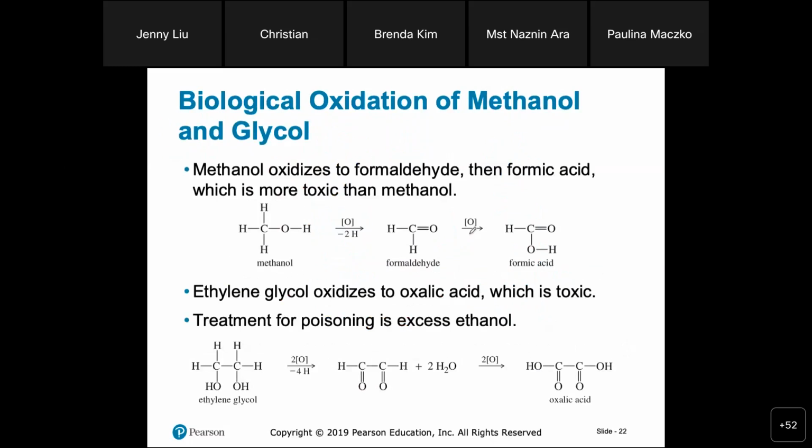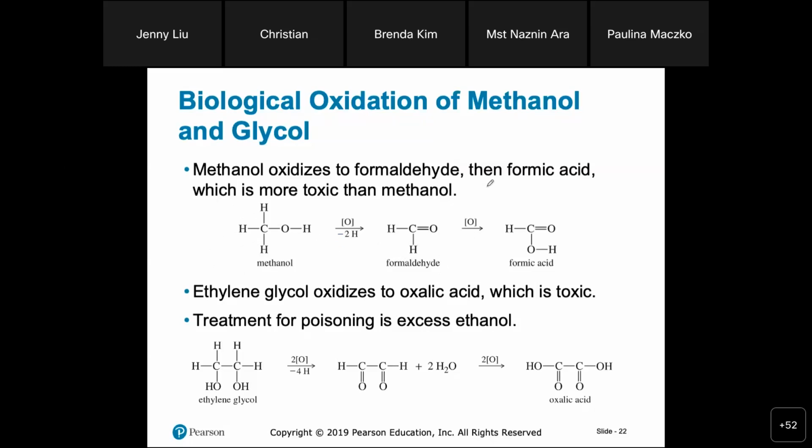Biological oxidation of methanol and glycol. Here, methanol oxidizes, and that's very simple: a primary alcohol always gives an aldehyde, a secondary gives a ketone, and tertiary does not work, so we don't need to discuss that.